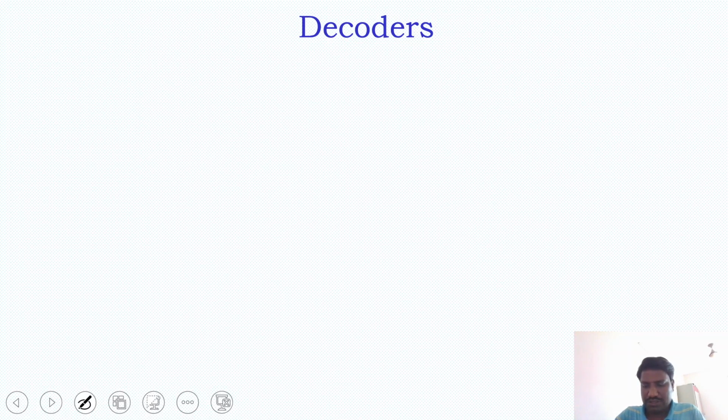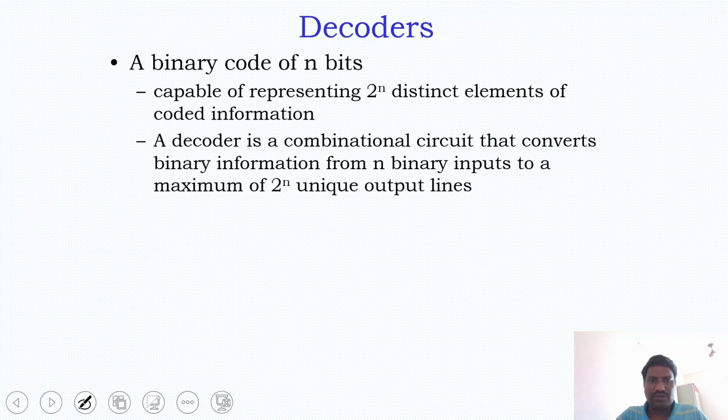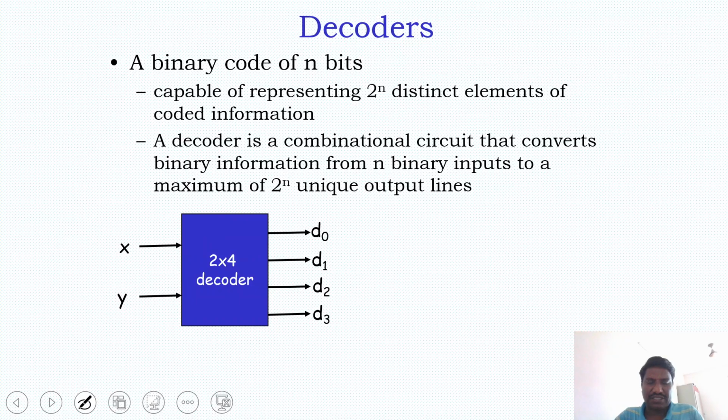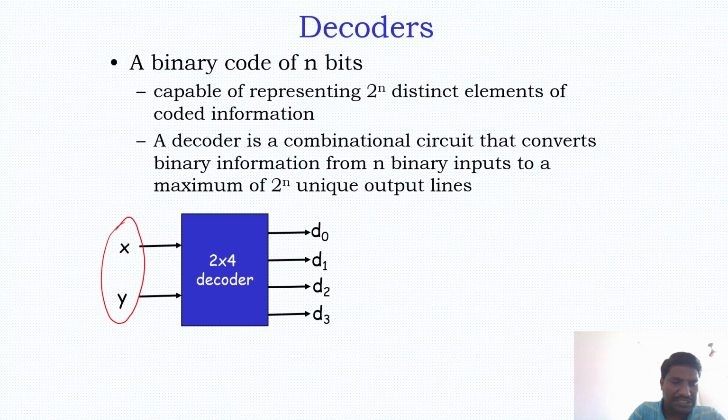As we know, a decoder will have a certain number of inputs and a certain number of outputs; how to design it we have seen in another video. As we are aware, there are n lines of inputs and 2 power n outputs.